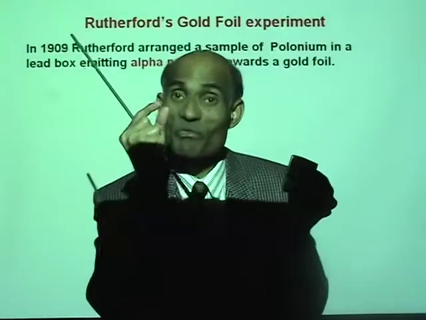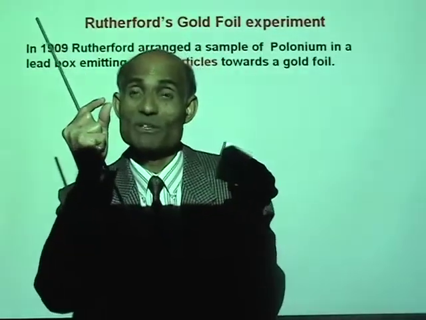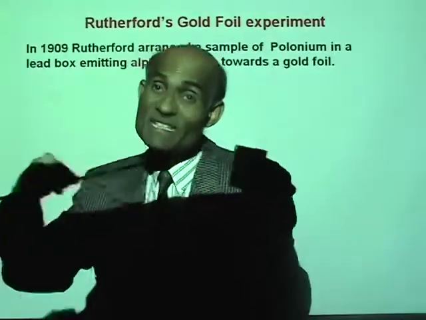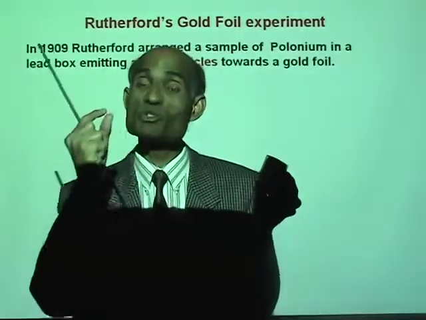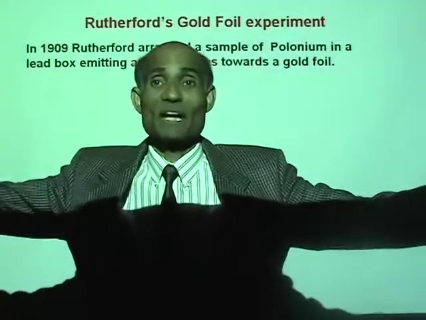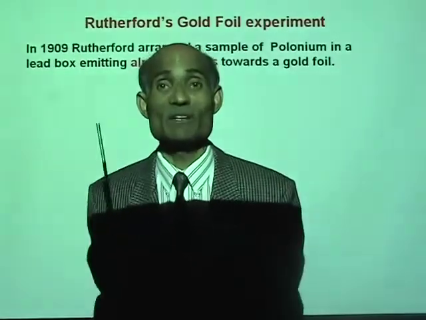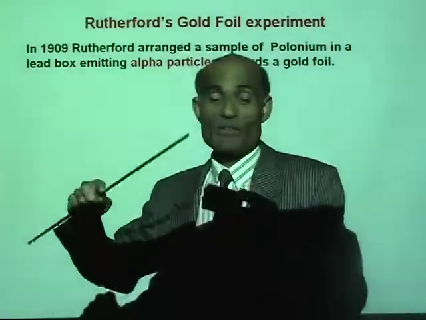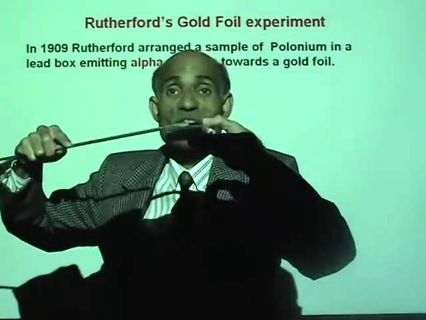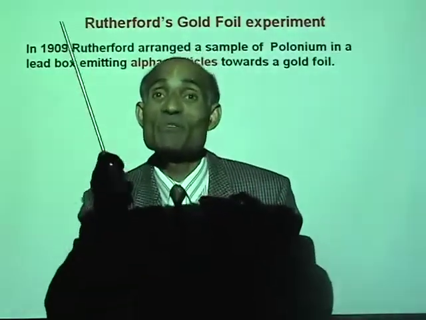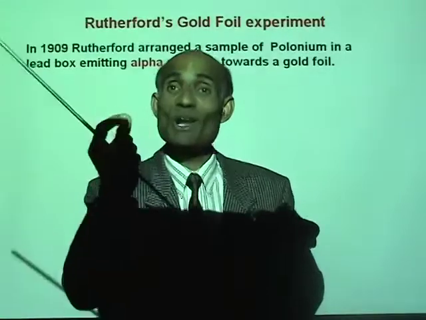An atom is a very small object. So, if you want to smash or hit an atom, you need to use bullets that are very small. You can't use the kind of bullets we use in our guns. And now, this alpha particle that is given off by this radioactive material polonium is a very, very suitable bullet.